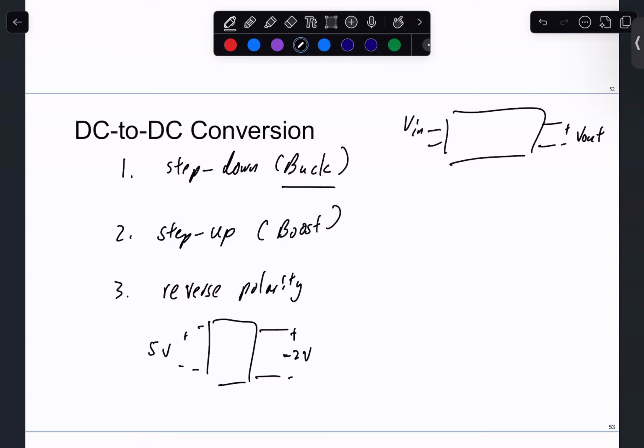This could be useful when you plug your charger into your phone. Nowadays, it doesn't matter which way you plug it in. USB-C, you can plug in either way. So what determines the right polarity gets into your phone is a buck boost converter. There's something that will reverse polarity if needed.